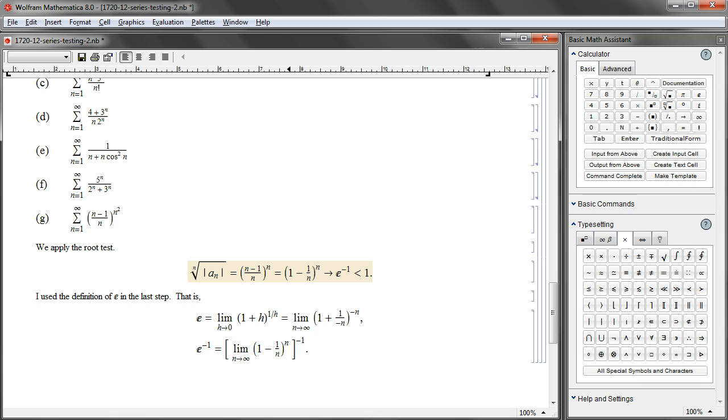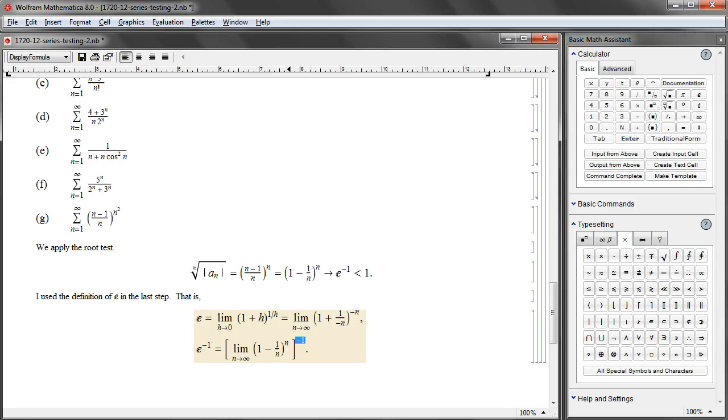Oh, wait a minute, I don't have to leave that computation here. The proof is right down here. This is the definition of e, so h is replaced by 1 over negative n, and then negative n over there, and then this negative n has to be flipped over to positive n, so we need this extra negative first power.